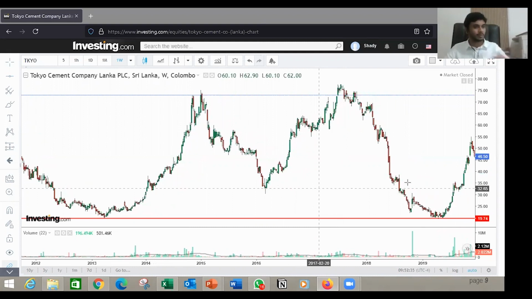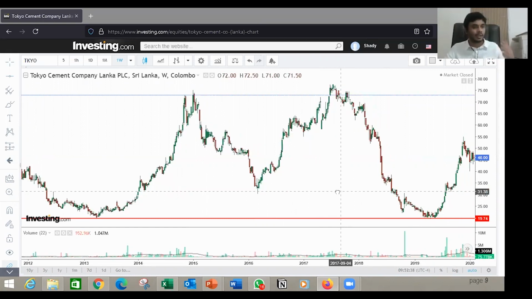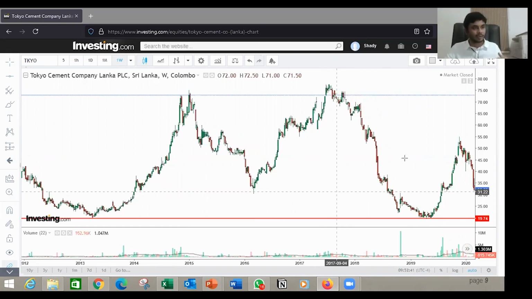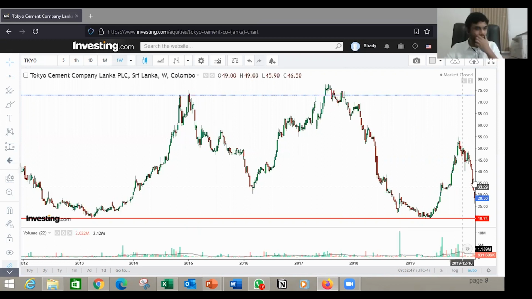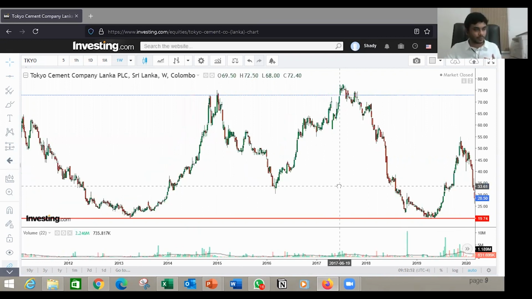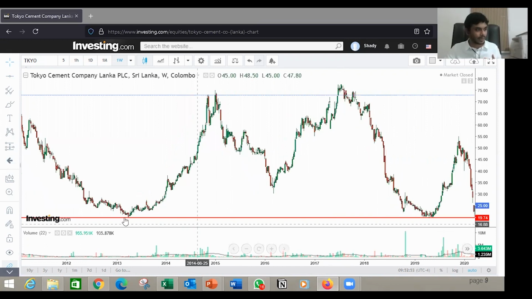Now again, from that point onwards, let's say the price starts to go up, and assuming from this point onward we are looking at the live chart, to move quickly, finally the price of Tokyo reached the 55 level, and during the COVID period the price starts to fall back again. Based on that historical analysis, based on these 2 points, we understood this can be a strong support.